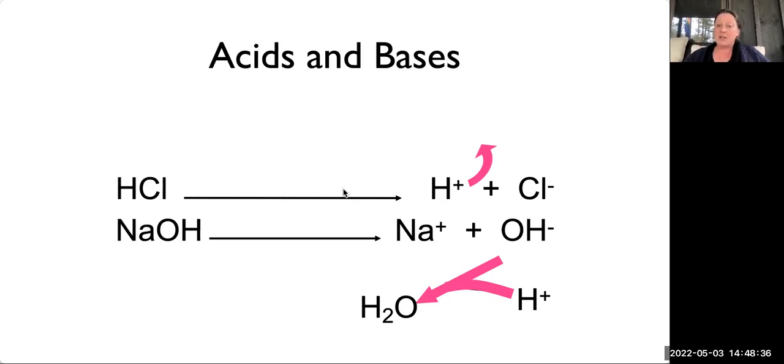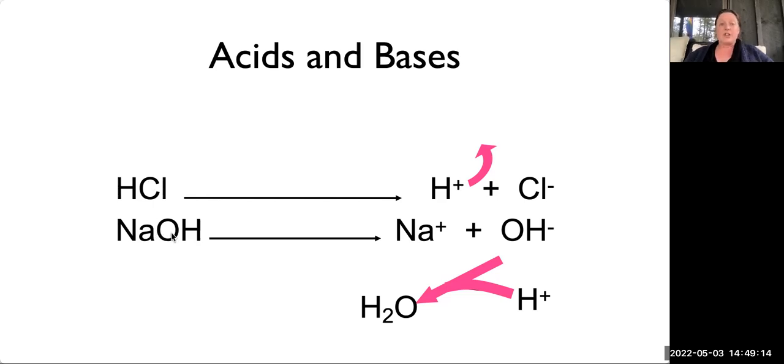But if we put it in water, then the water molecules, because they are polar and because they form hydrogen bonds, are going to separate the proton from the chloride, and they'll surround each one of those ions so that we're able to pull them apart. Well, what that means, if we're looking at the solution, is that suddenly, after adding HCl, we see more protons. So protons have been donated to the solution, and therefore this is an acid.